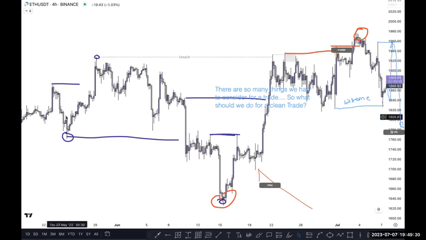So this is our inducement and this is our lower low. And this will become our lower high.